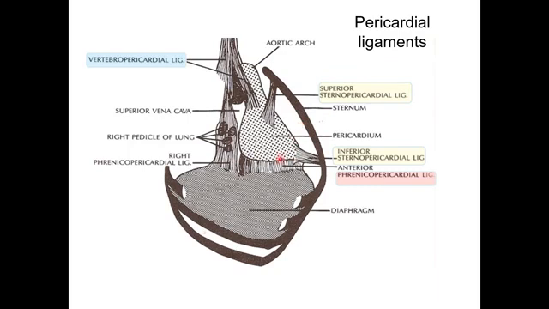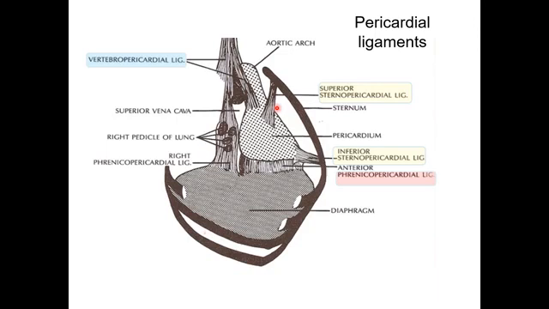From the inferior surface of the heart on the diaphragm towards the diaphragmatic fascia, we have the phrenico-pericardial ligament, so it is fixed from below. And from the base of the heart near the great blood vessels, like the aorta, pulmonary trunk, we have fibrous bands going towards the vertebral column. And these bands are known as the vertebropericardial ligaments.